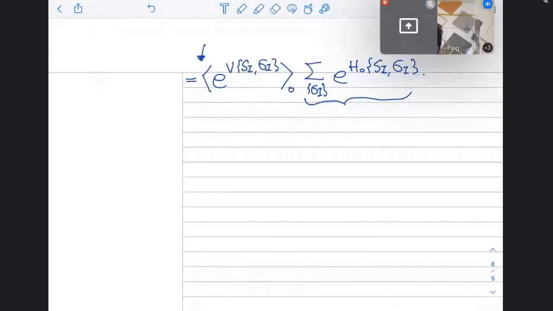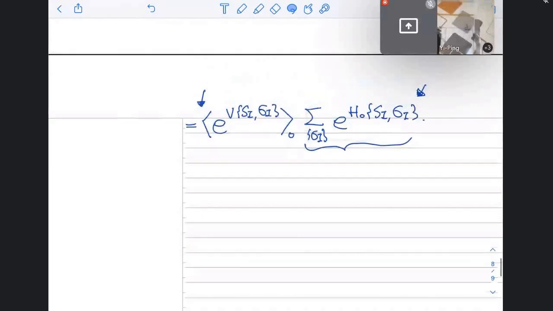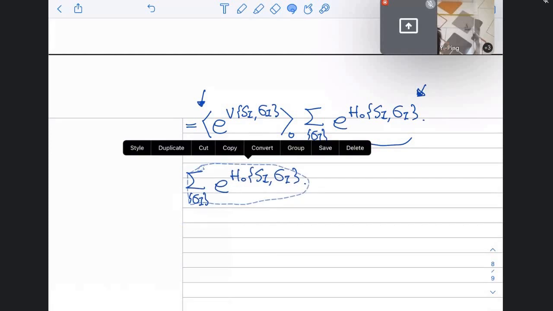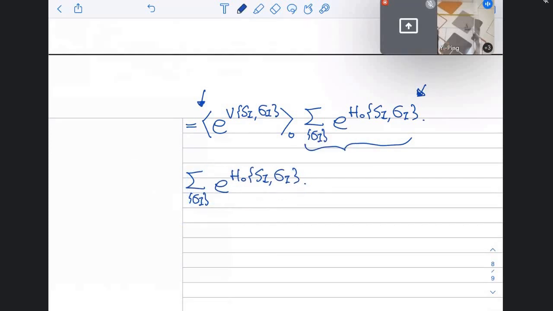So this part is the partition function of each triangle raised to the power of m.